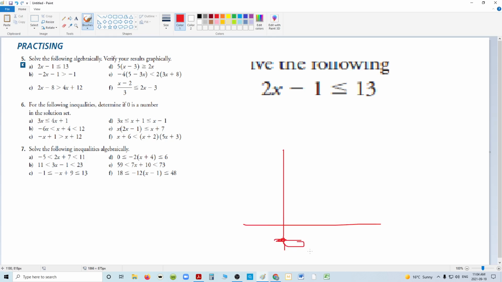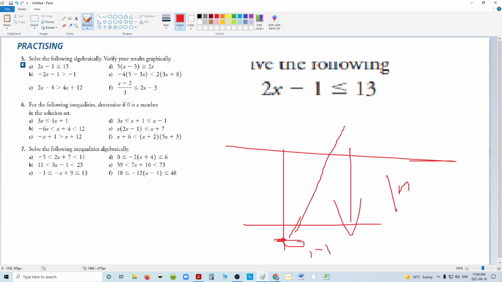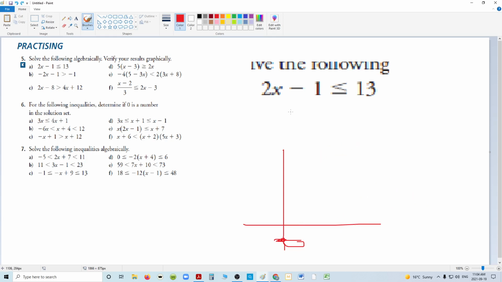So it's 0, -1. And then it goes up by 2 each time, 2 y's to 1 x. And they just essentially want to say, when are the y's smaller or equal to 13? So if you know this intercept point here, you just solve it.